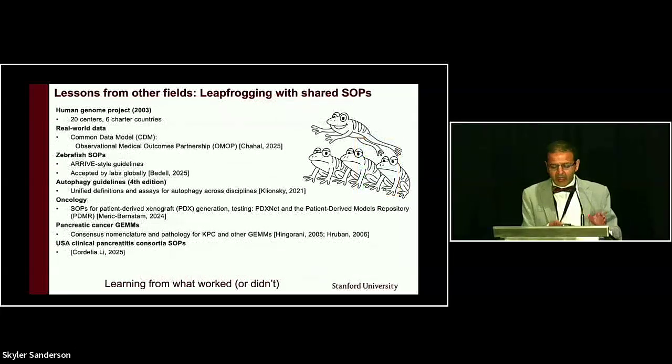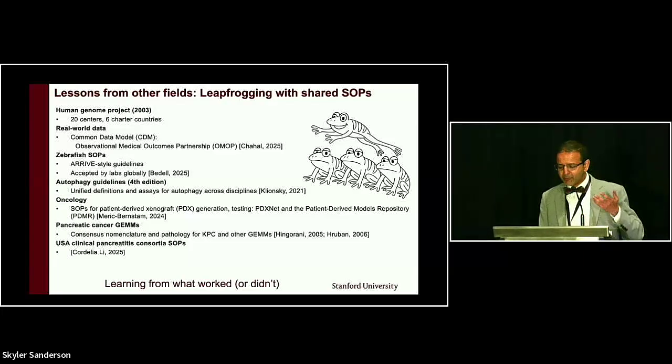Well, there are lessons from other fields for leapfrogging with shared SOPs. I've listed just a few, including the Human Genome Project, which had strict SOPs for 20 centers across 6 charter countries. The current explosion of real-world data, which relies upon common data models. Zebrafish community has SOPs that are shared globally.